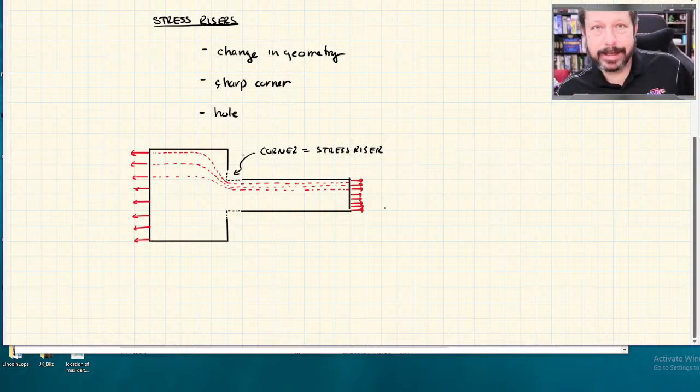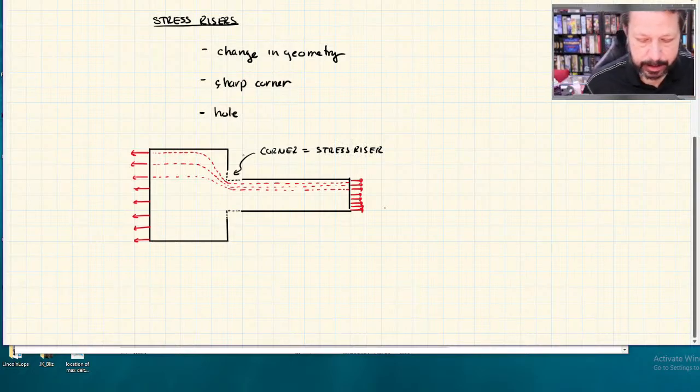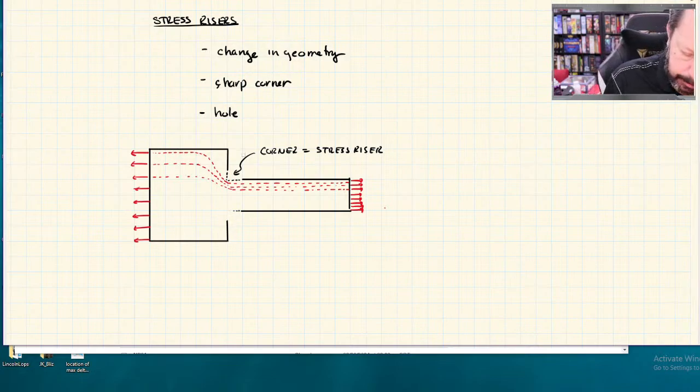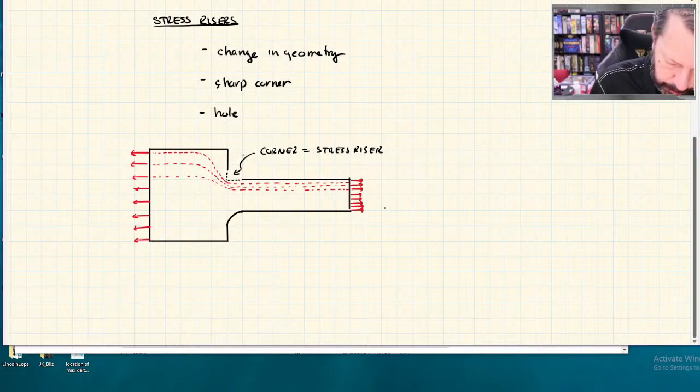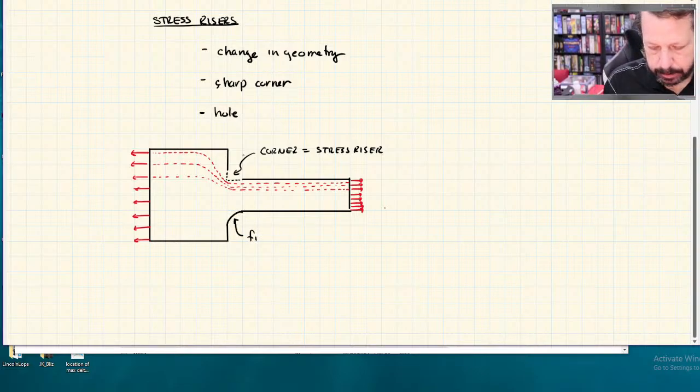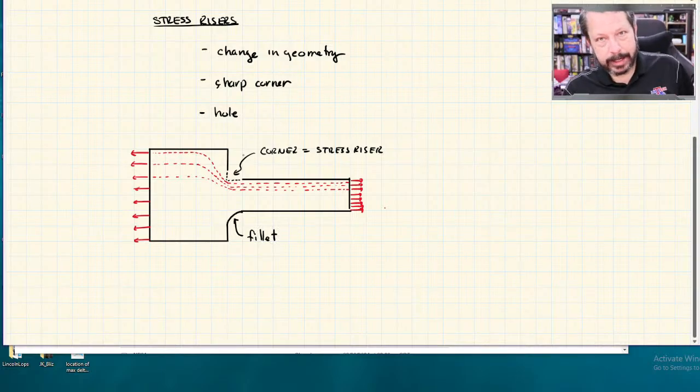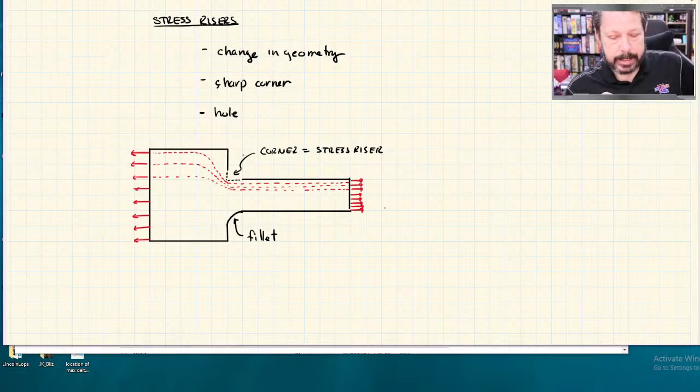And in order to make this a better transition, let's not make that a sharp corner. Let's round it out some. So this feature is a fillet. So not a fillet. Fillet is for fish, things like that. This is a fillet. And what it does is it gives a little bit more gradual transition from the large side of our tab to the smaller side.